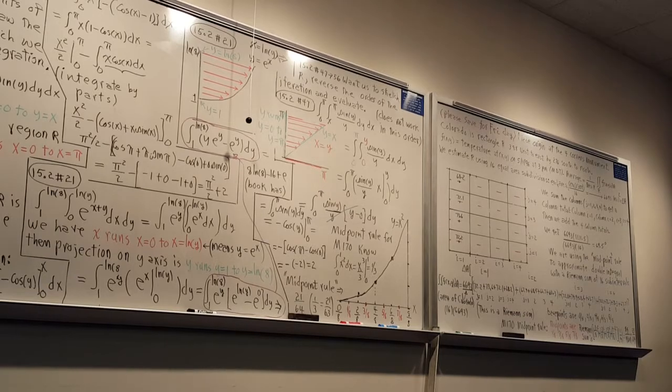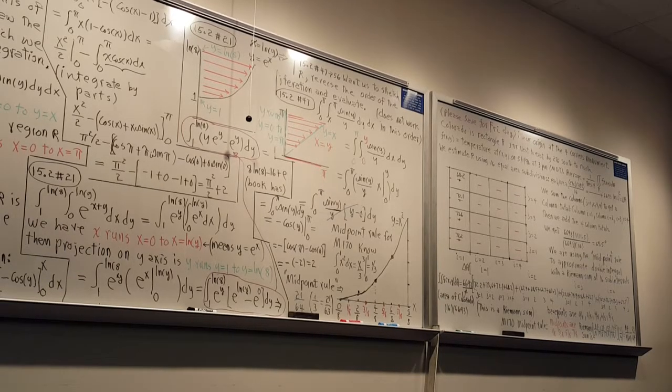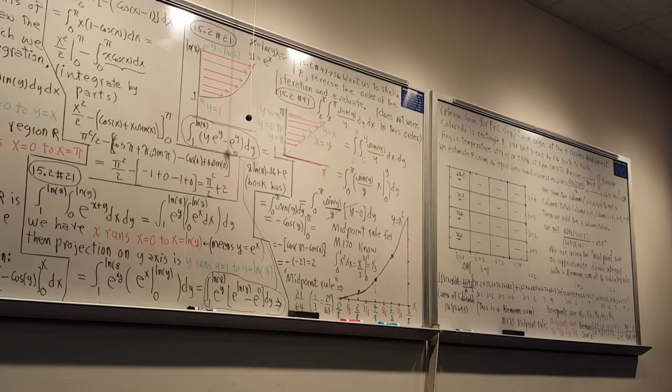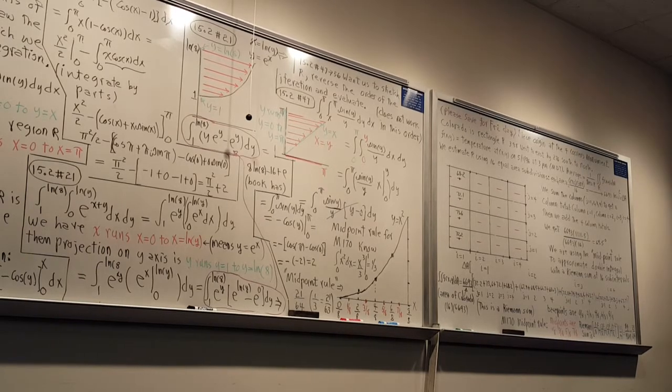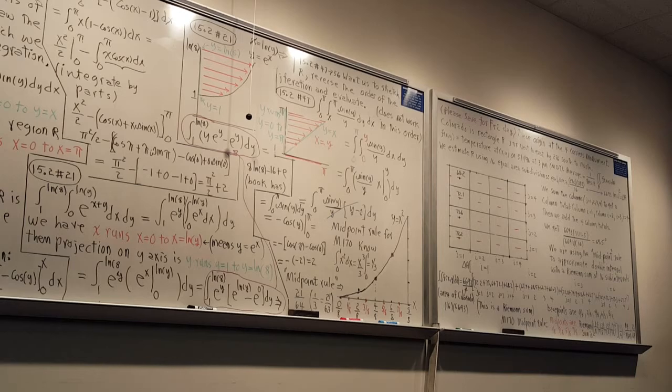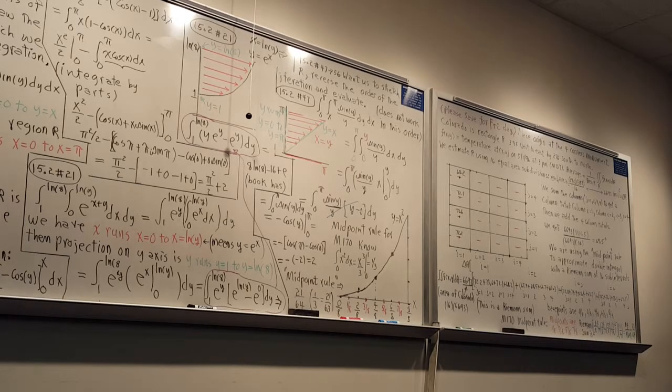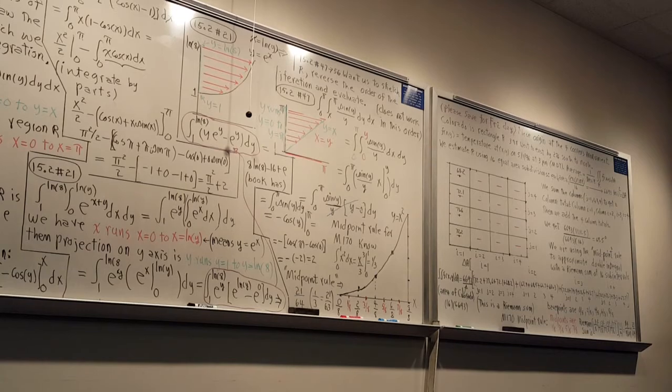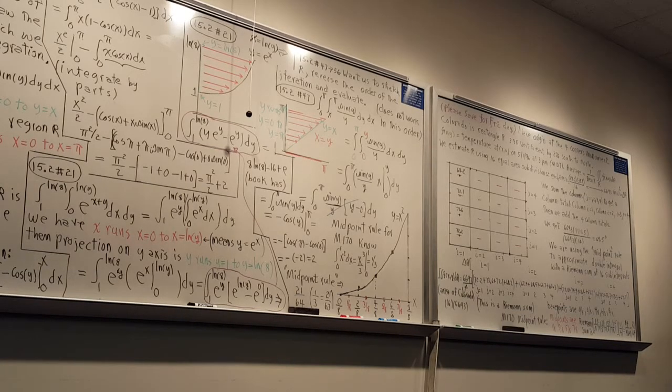And let's see, we looked at problem 24, and if you get to the back of the second sheet of paper, you'll see it says Thomas 15.2. In general, the domain is not a rectangle, which I've spent the hour pointing out to you. I'm on the back of the second sheet of paper. It's the Maple that says double int.